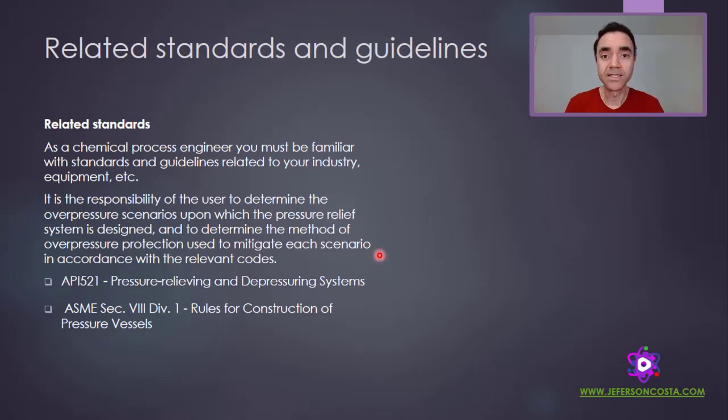So when we are dealing with the design of a shell and tube heat exchanger or other kinds of heat exchangers, we need to evaluate what the safety scenarios are. And based on this standard, it will ask for the code of fabrication of the heat exchanger.